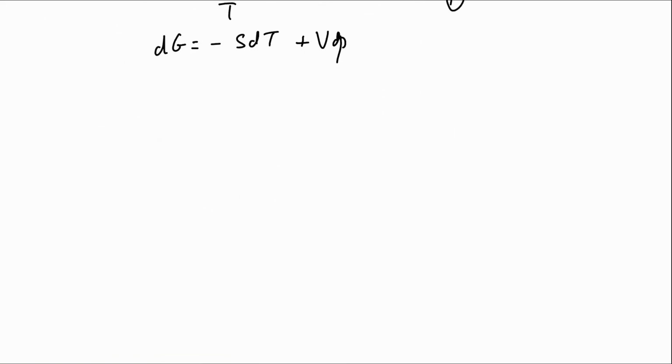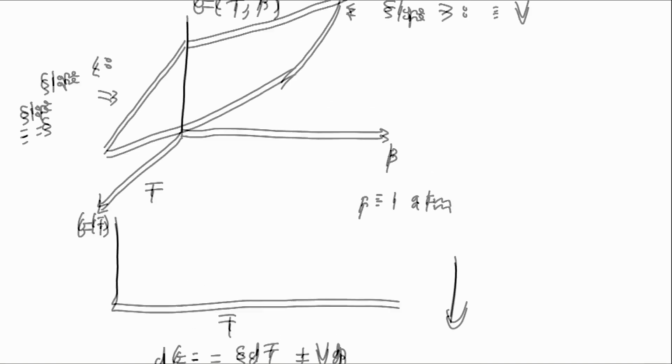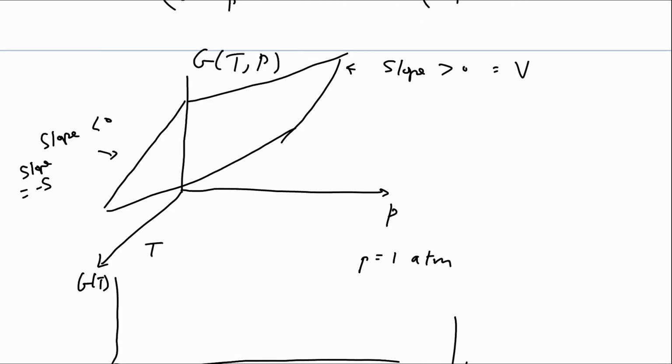So I'm going to fix my pressure to be 1 atmosphere. This might be 1 atmosphere here, so I might take that slice. Some people are good at visualizing things, but my pictures don't help, because they're not that good.